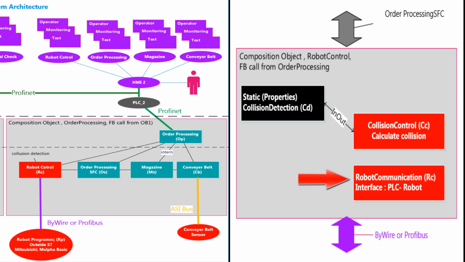In this project, the software interface has not all robot commands implemented. Therefore, a hardware interface is better. To connect collision control to collision detection, we need a PLC data type.